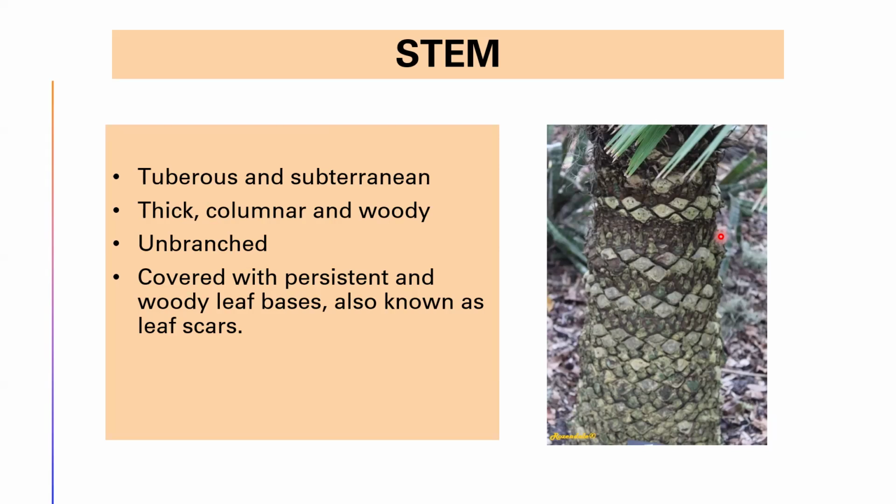The stem is generally unbranched, but if there is an injury, sometimes the shoot apical meristem appears to be divided in two parts, and the stem sometimes appears dichotomously branched. But generally, the stem of Cycas is unbranched.